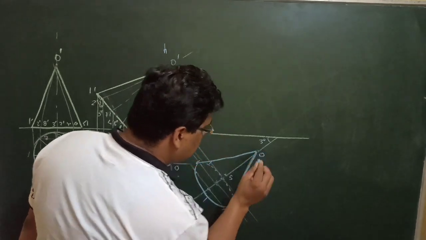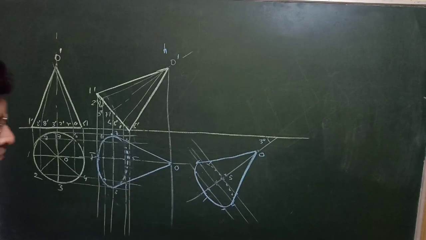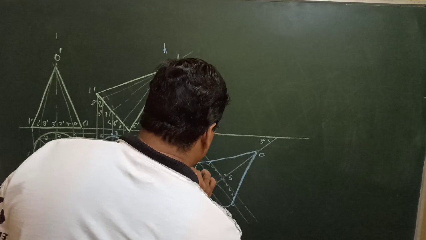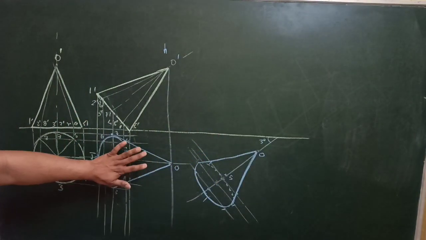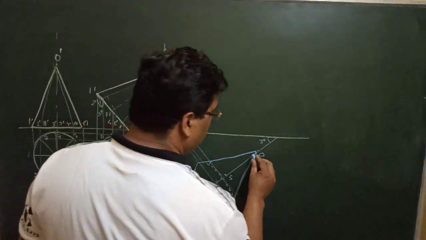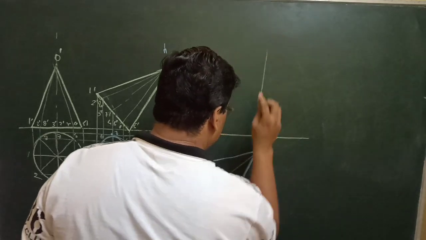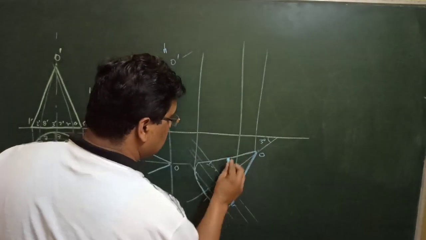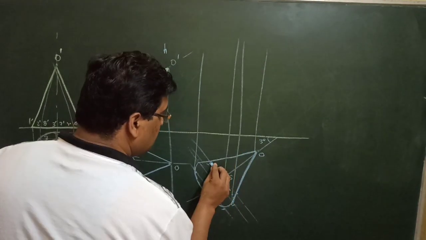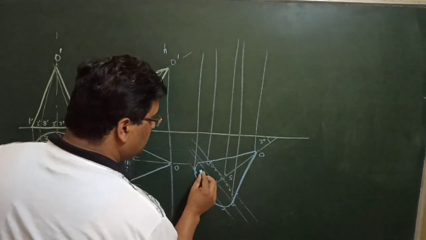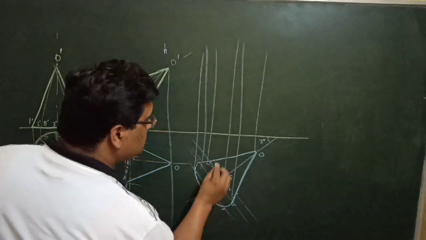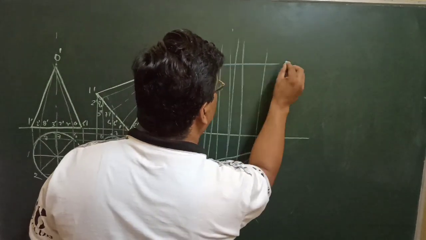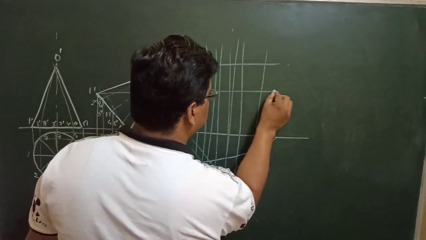So this is the top view of the cone. And for the final projection, you draw vertical lines from here, and all the points of the base, 5, 3, 6, 7, and everyone 1 to 8, all the points you have to draw vertical lines, and from here you have to draw horizontal lines.